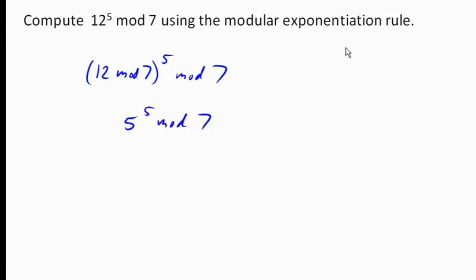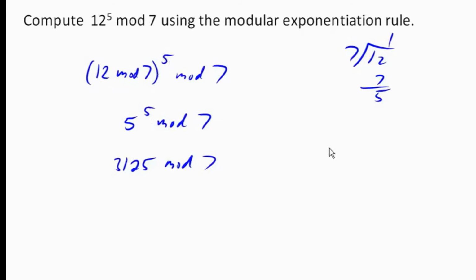Right? Because 7 goes into 12 one time, leaving a remainder of 5. So 12 mod 7 is 5. And 5 to the 5th, while not tiny, is definitely a more reasonable sized number than 12 to the 5th would have been.